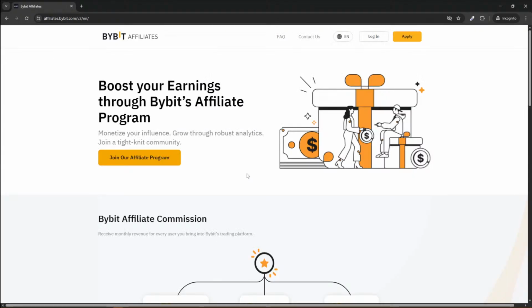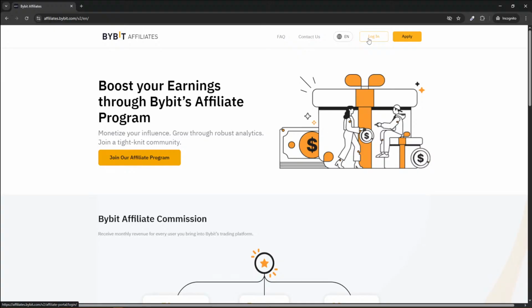They have their own platforms, like they have registered on impact.com or any other affiliate marketing platform. So you simply apply, you get your link, and you start sharing to get your commission right away. Okay, so apply with a ByBit account, simply log in to make things easier for you.